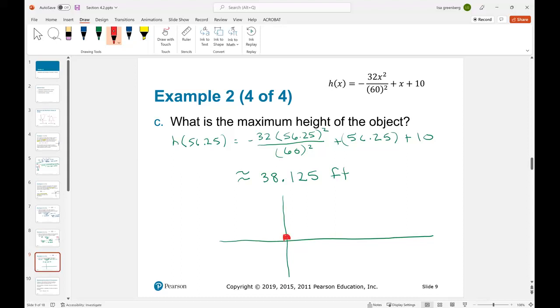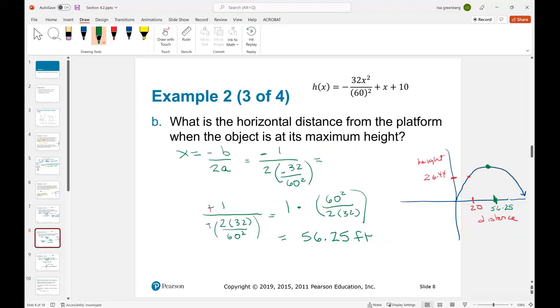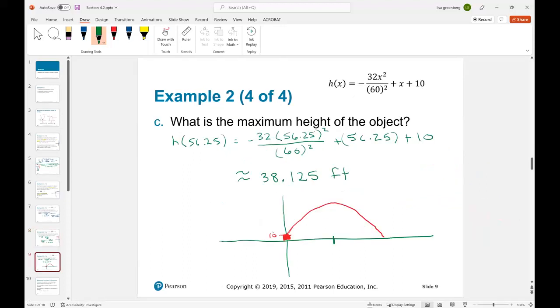So this is 10 feet high. And it's launched at 45 degrees, which is about like that. And it's going to go up and then it's going to come back down, right? That's basically what it's going to do. And we can see that this point right here, which is the maximum height, occurred at 56.25 feet.